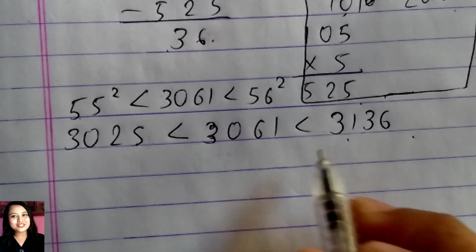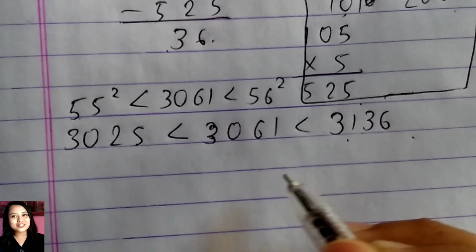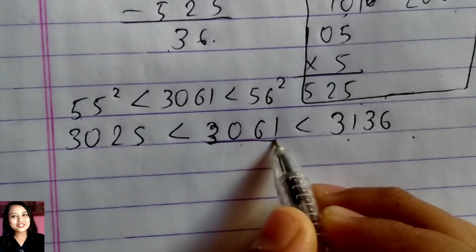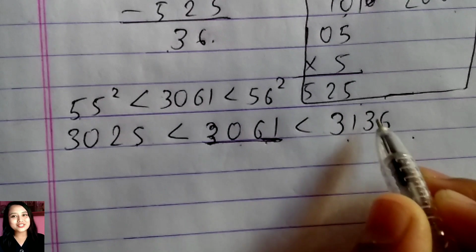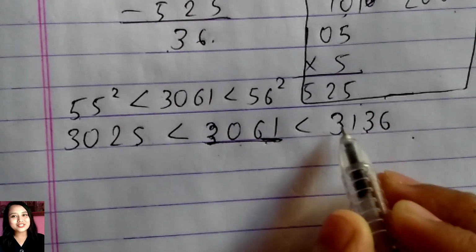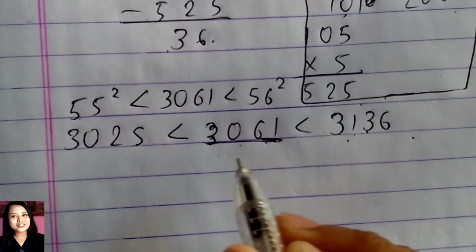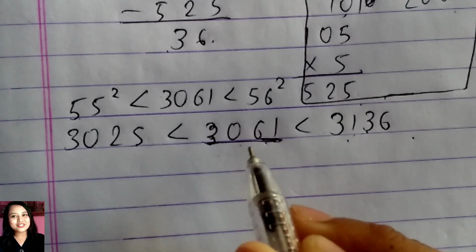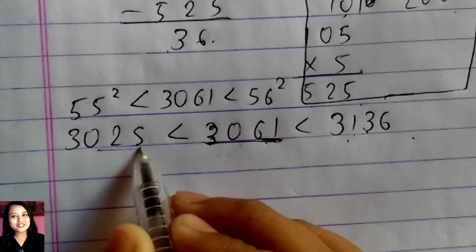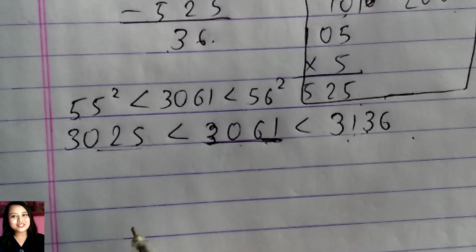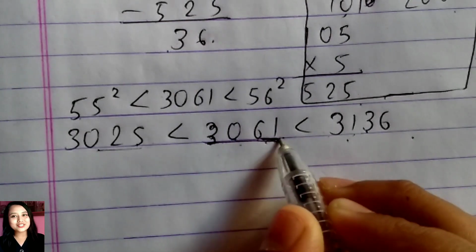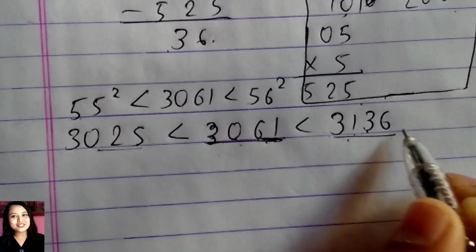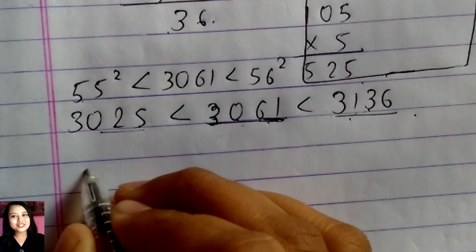Since the question asks what is needed to be added to 3061, we have to take the bigger number. If the question asked what is to be subtracted, we would have taken the lower number. But here the question asks what is to be added, so we take 3136.